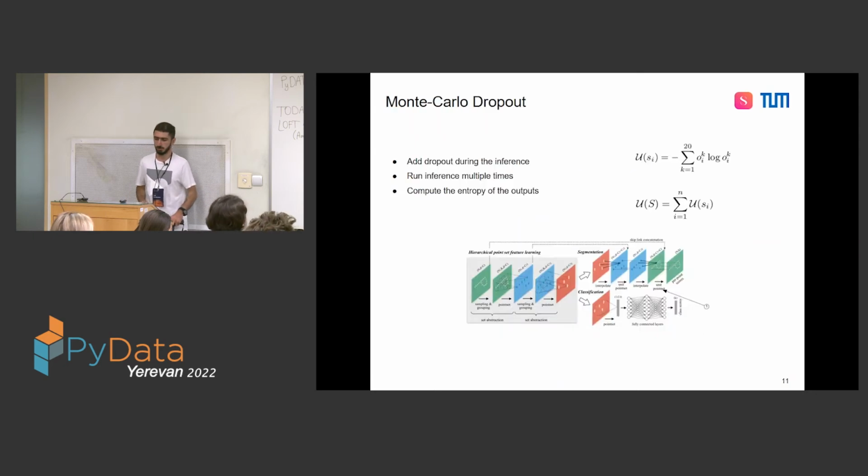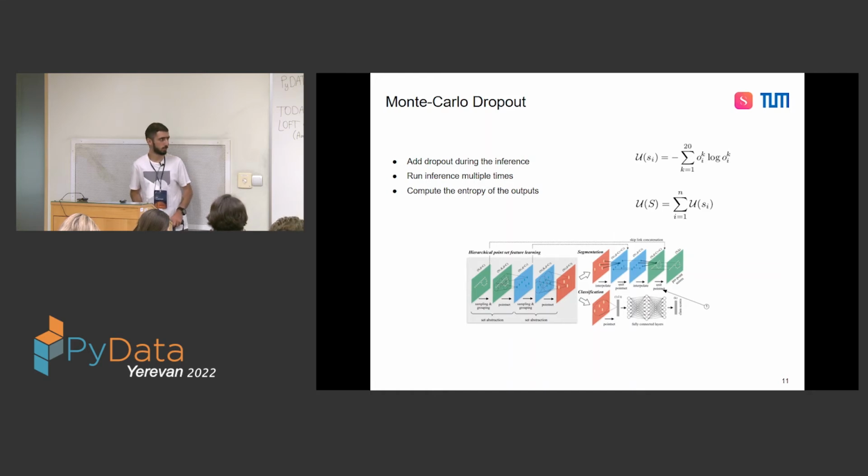Okay, let's talk about the specific approach. There are different ways to measure the informativeness of the points, and Monte-Carlo Dropout is one way to achieve this. What's the idea behind it?